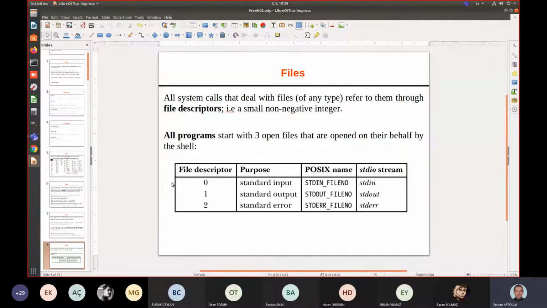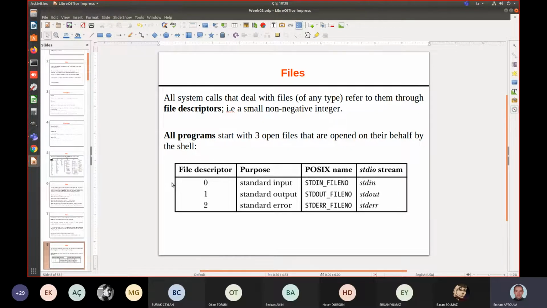Who opened them? The kernel opened them. What do they represent? 0 represents the standard input device, as an open file, which is usually the keyboard. 1 represents the standard output file, which is usually a monitor. And 2 represents the standard error file, which by default usually points to the same place as the standard output.